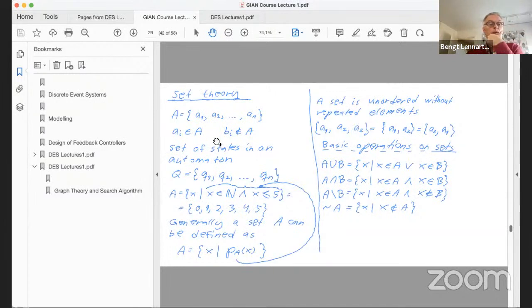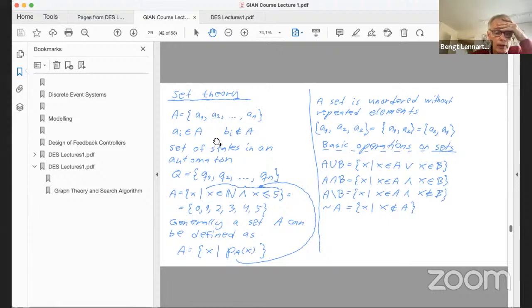Then we can also define a set by a predicate. So if I say that the set is all x such that x is a natural number, actually I could have written that in the beginning here, and that x is less or equal 5, that is this set, elements from 0 to 5, and now I assume that the natural numbers include the number 0. So that's quite powerful, to define sets using predicates.